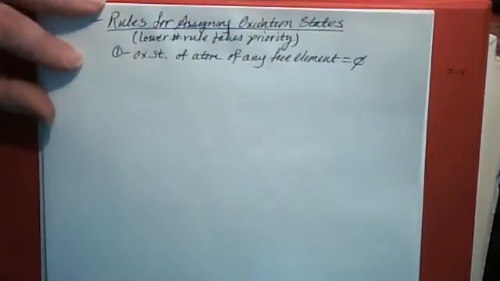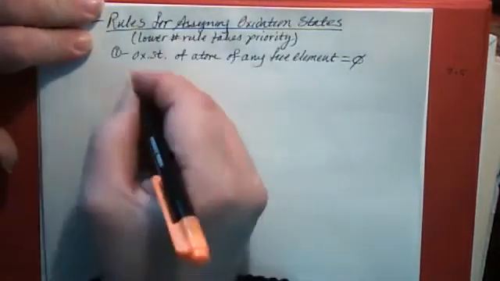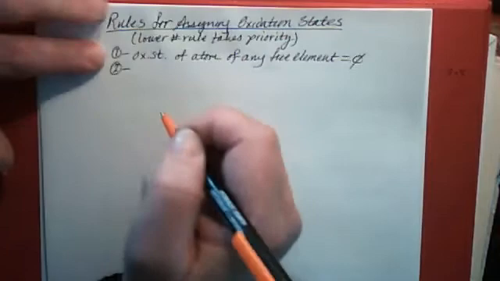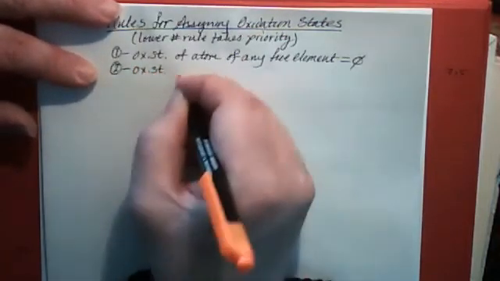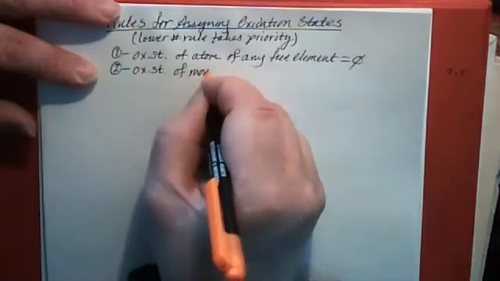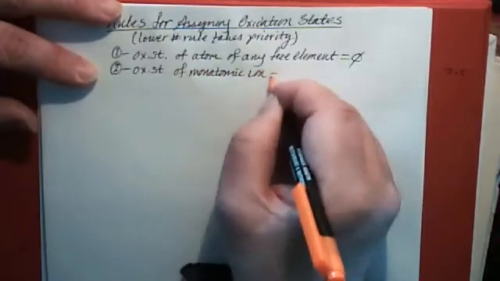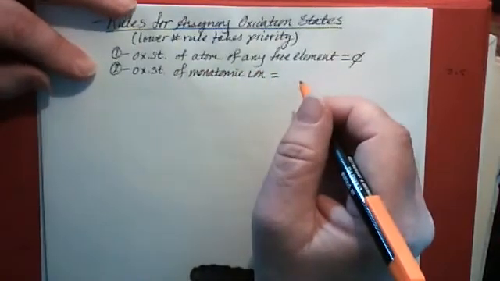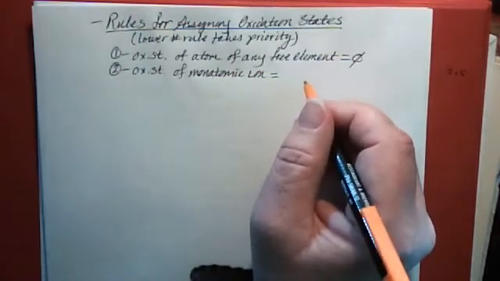So, free elements are neutral, so there's no charge. Rule number 2, the oxidation state of any ion is equal to the charge on the ion.